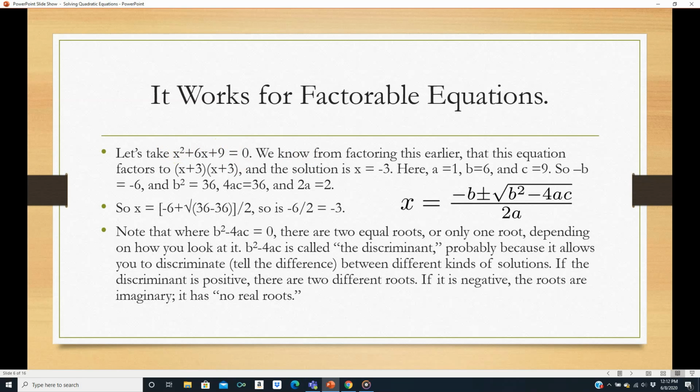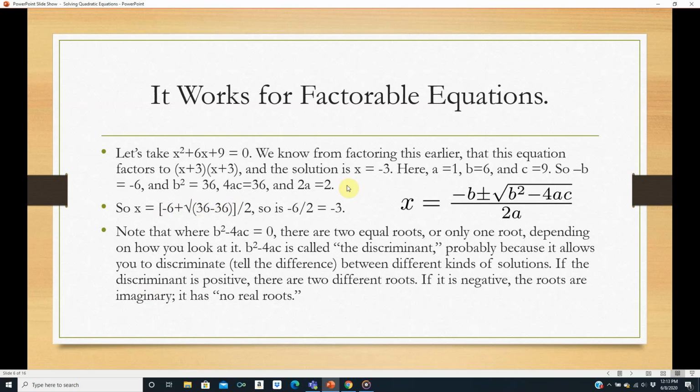So then we end up with negative 6, plus or minus the square root of 36 minus 36. That's pretty easy: 36 minus 36 is 0, so obviously the discriminant is 0, which we'll discuss in a minute.